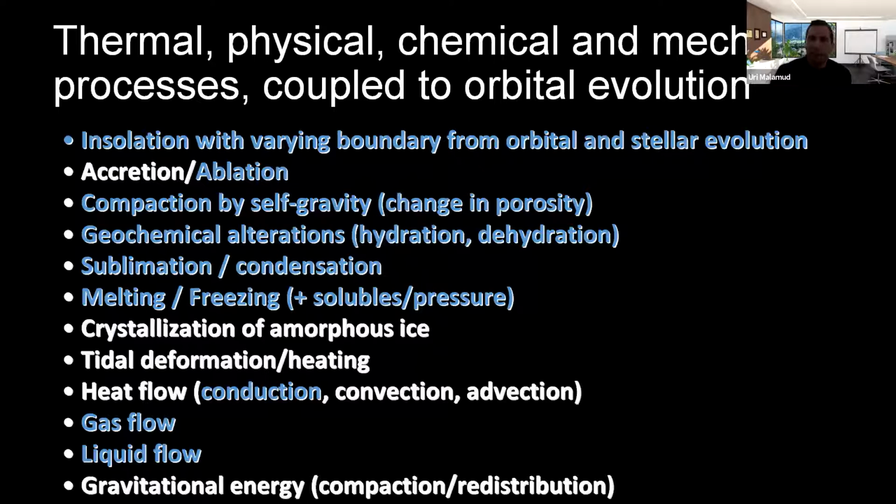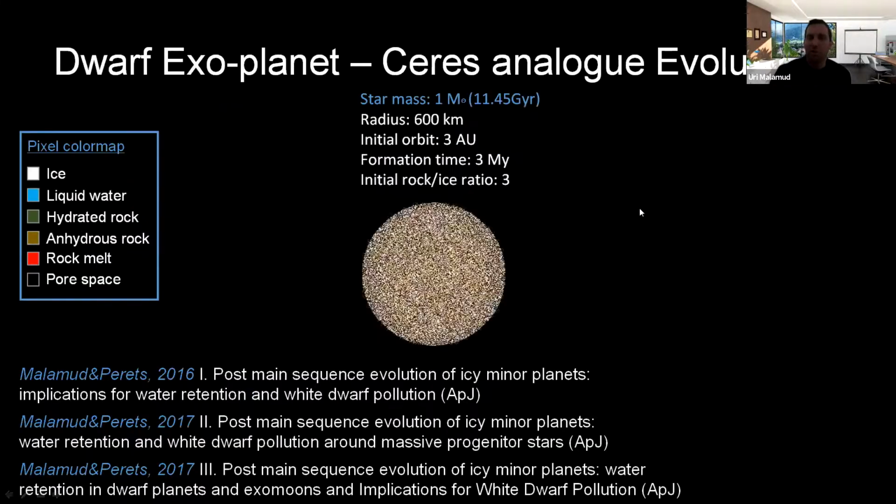What I would like to show you is one example of such evolution that will illustrate what we did. We didn't do this with one or two examples. We did this by the thousands. We took thousands of different simulations of different objects, started them off with some amount of water, and saw how much water we have at the end of the evolution.